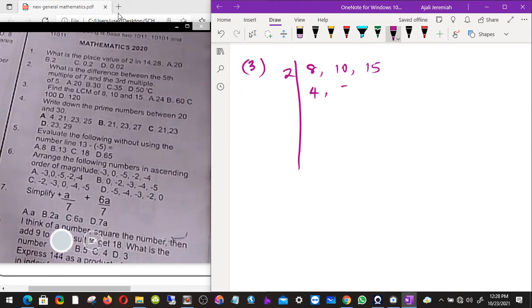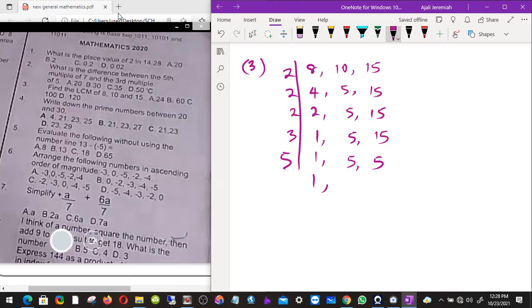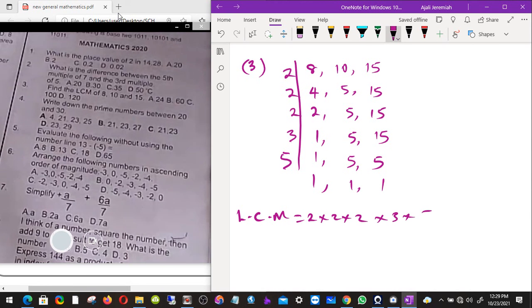Yes. 4, 5, 15. 2 can go. 2, 5, 15. 2 can go. 1, 5, 15. 5 can go. So LCM becomes 2 times 2 times 2 times 3 times 5. This time this is 10. 4 times 3 is 12. 12 times 10 is 120.